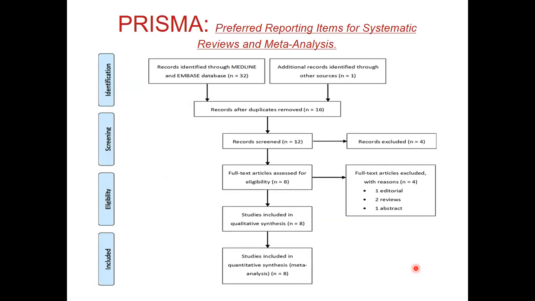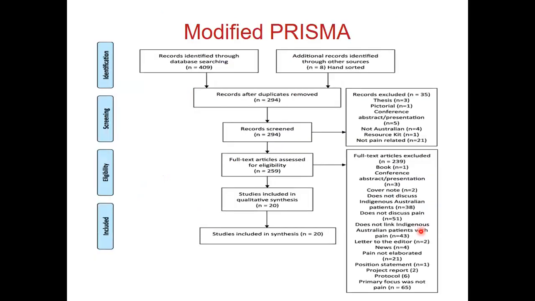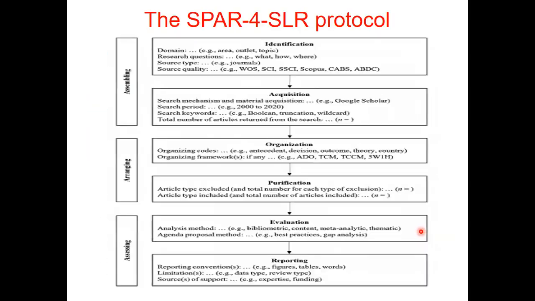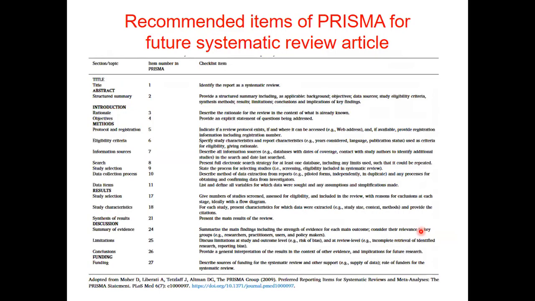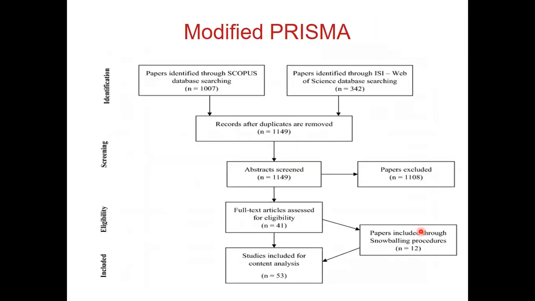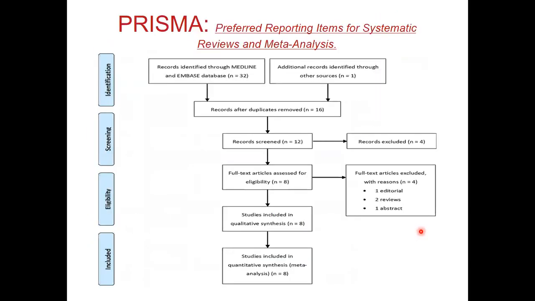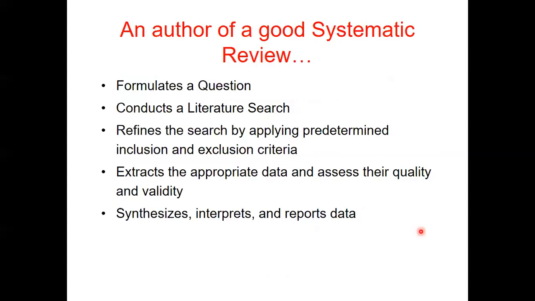Now, this is one such example of frameworks that are normally used in systematic reviews, and of course also in meta-analysis. So this is one particular example, but there are several other examples of such frameworks that can be used in a systematic way, okay?